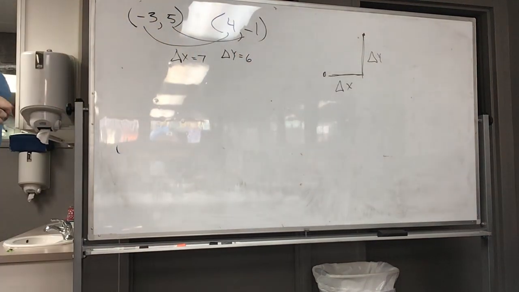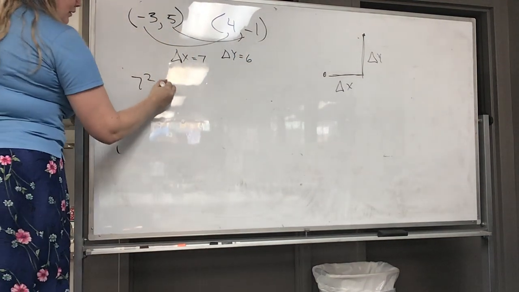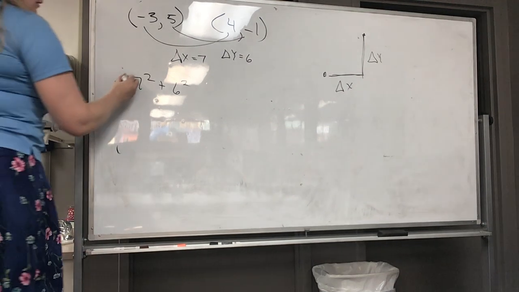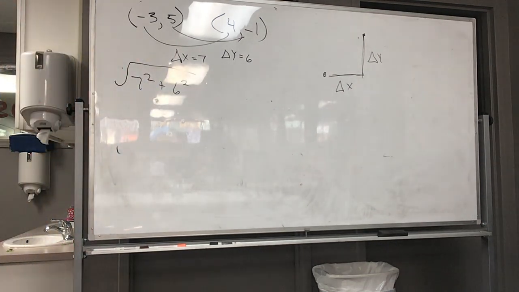And so all you have to do, 7 squared plus 6 squared. And then take the square root of that. So, really quick check-in.